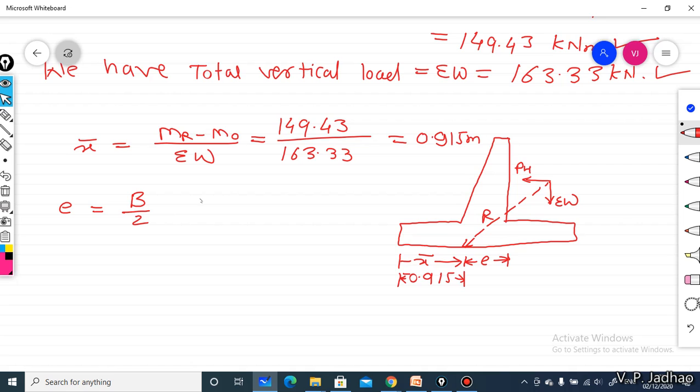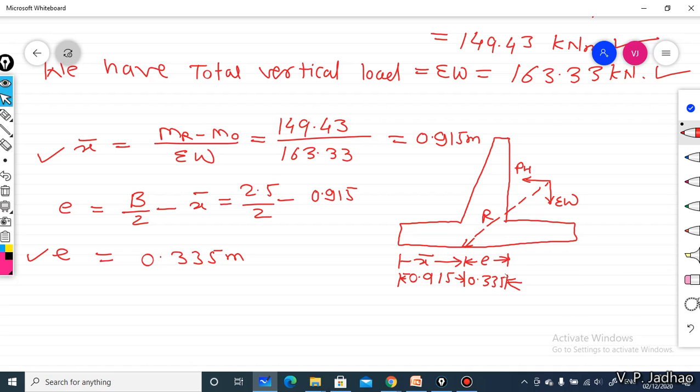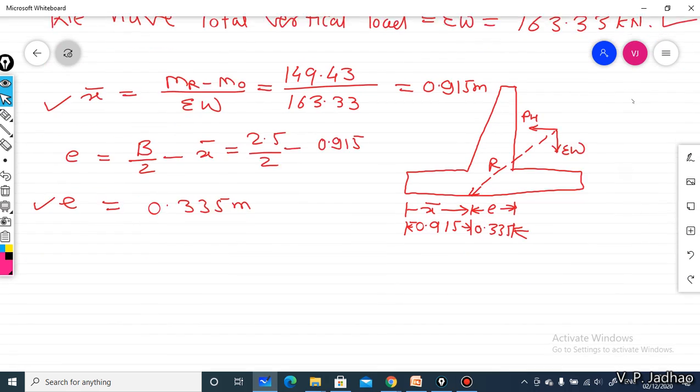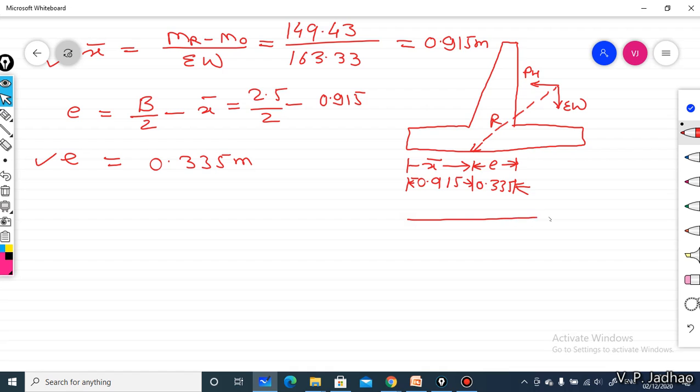Capital B is the base width of your base slab, so E is 2.5 divided by 2 minus x bar, 0.915. This is equal to 0.335 meter. So we have calculated the eccentricity E and the value of x bar.